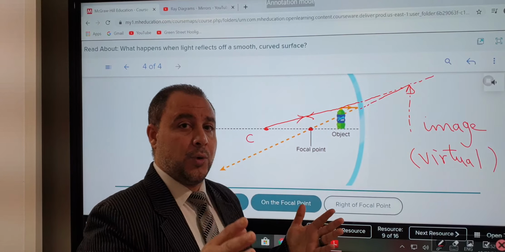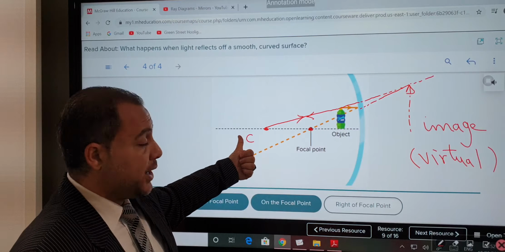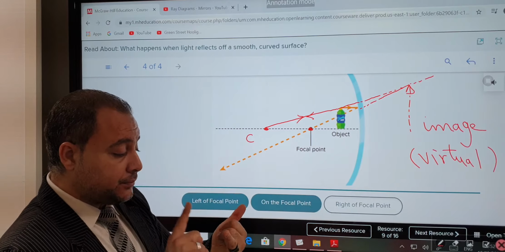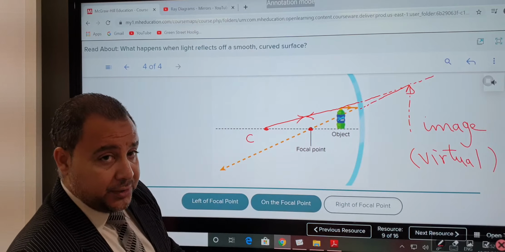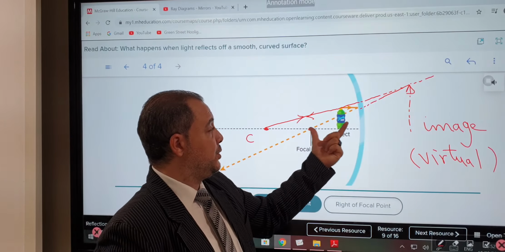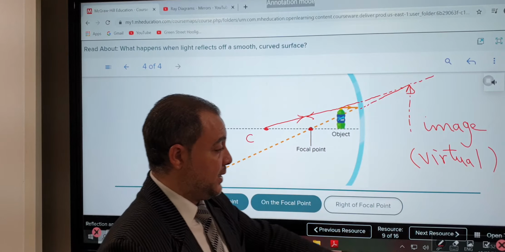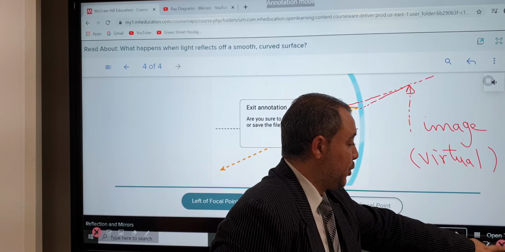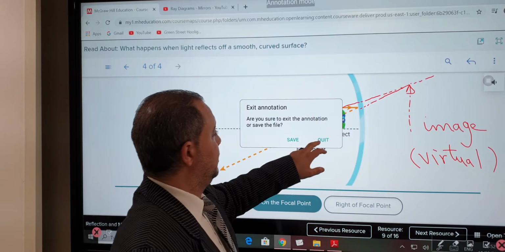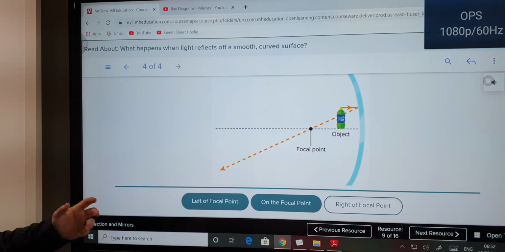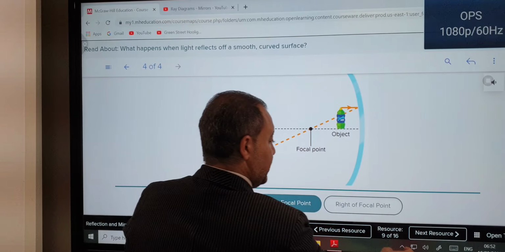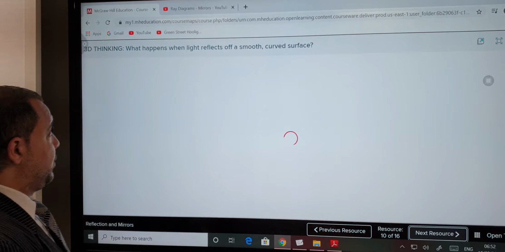If you put the object first at the left side of the focal point, second at the focal point, third between the mirror and the focal point. Understand? Okay, any problem till now? It's okay. This is the image formed through a concave mirror.